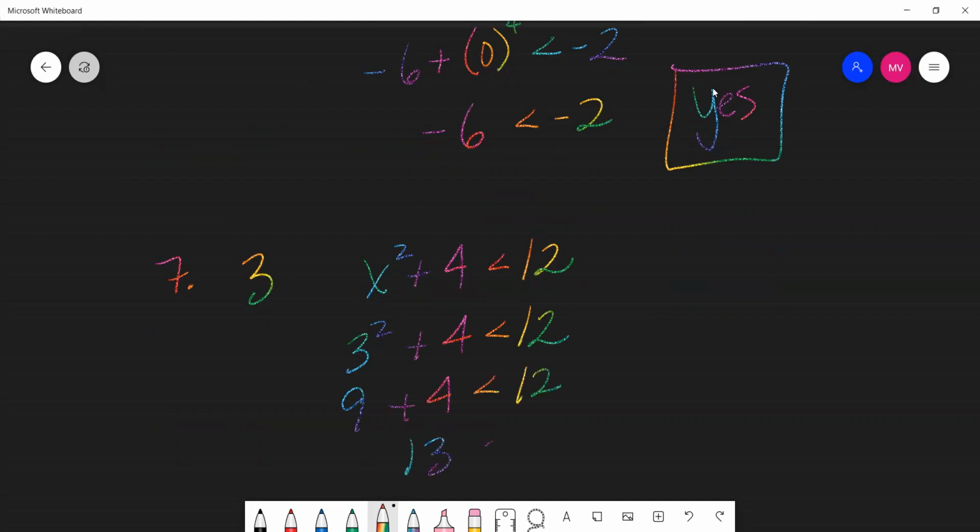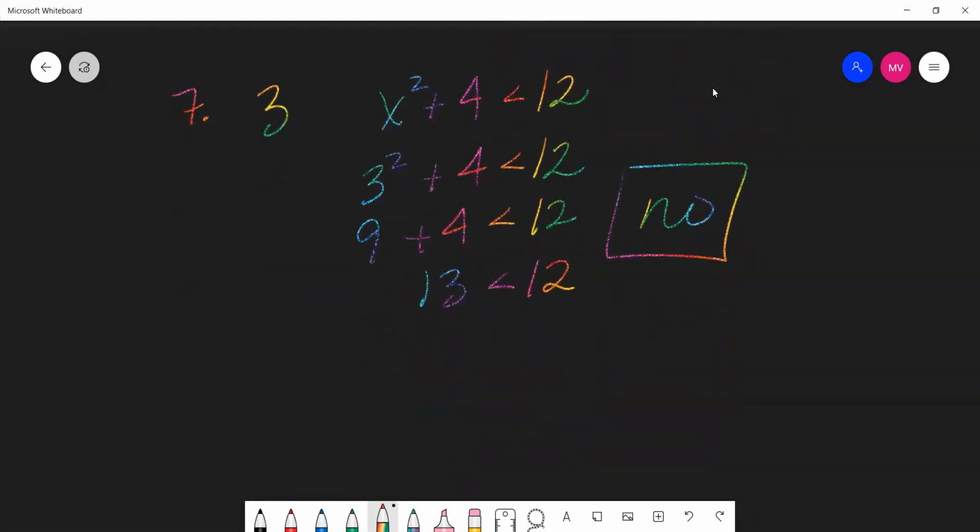And so is 13 less than 12? This one's no. It's the same as number 5, except I reversed the inequality. All right, so 13 is less than 12, so no.